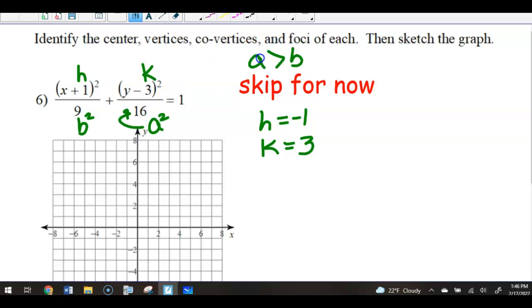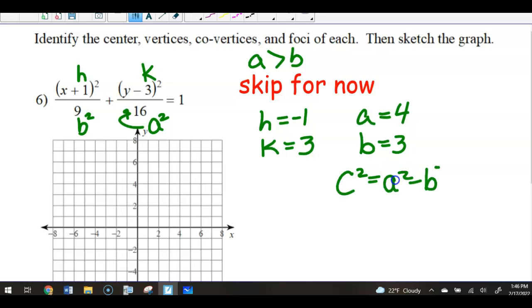A is greater than b for these, okay? So let's see, we'd have a is 4, b is 3, c squared equals a squared minus b squared. So a squared was 16, b squared was 9, so that is 7. So c is the square root of 7.